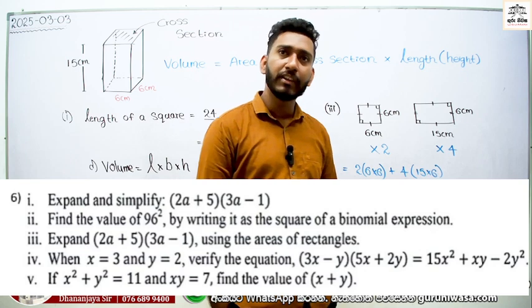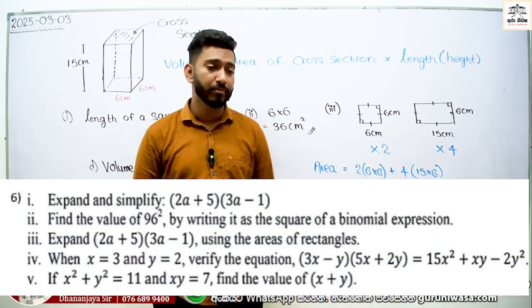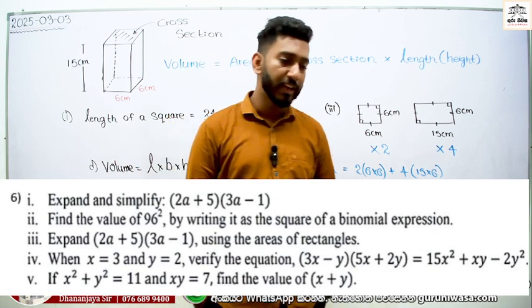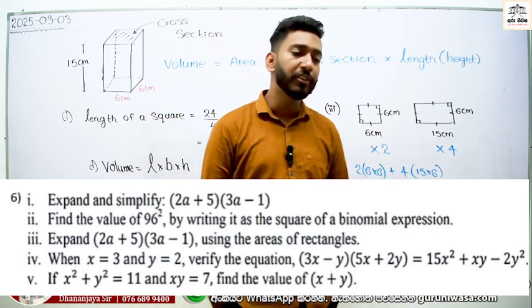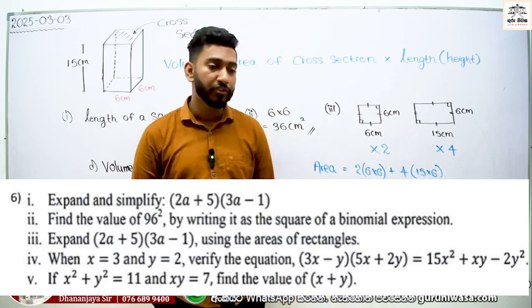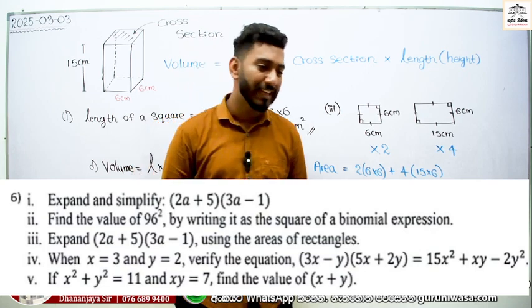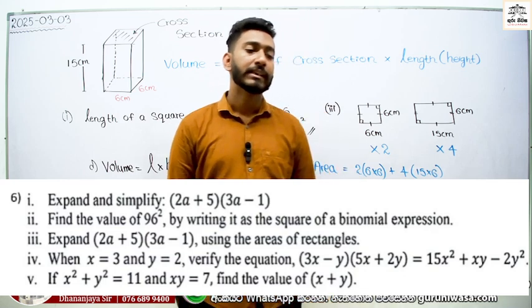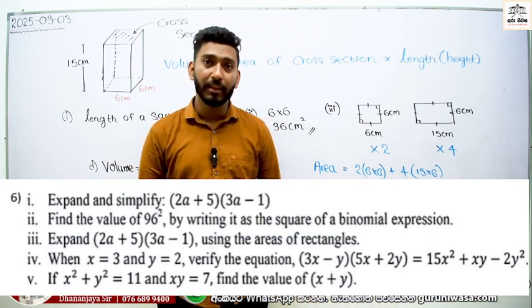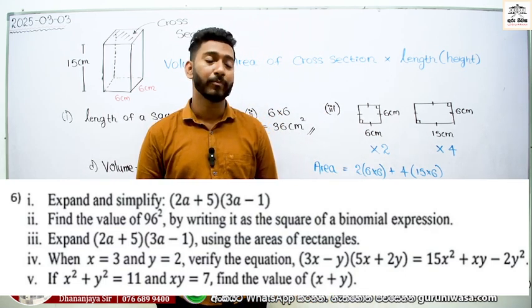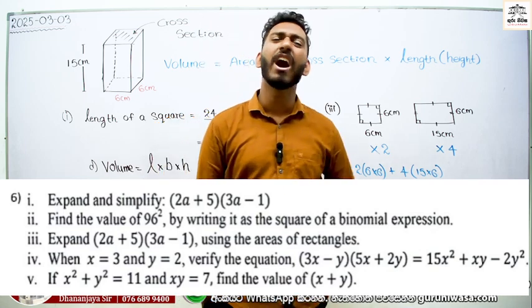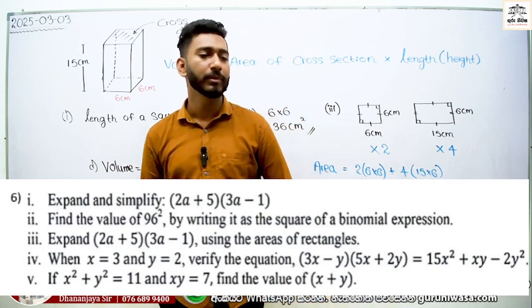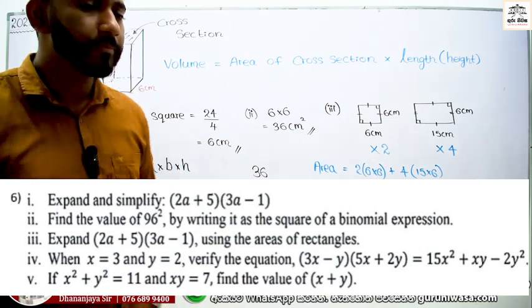Find the value of 96 squared using binomial expressions, square of the binomial expressions, and expand the second one, third one, expand again, and substitute the values and show that, verify the equation, and the final one is as a first example in today's model paper. Right? Questions පහක් තියෙනවා. ලස්සනට කරමු. මන් දෙනවා විනාඩි 4ක්. 5ක් try කරමු හැමෝම. Hurry up.